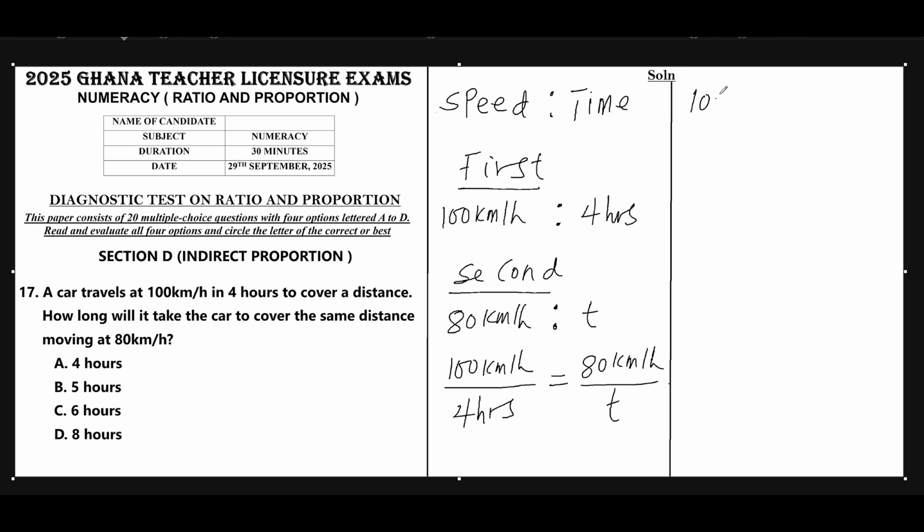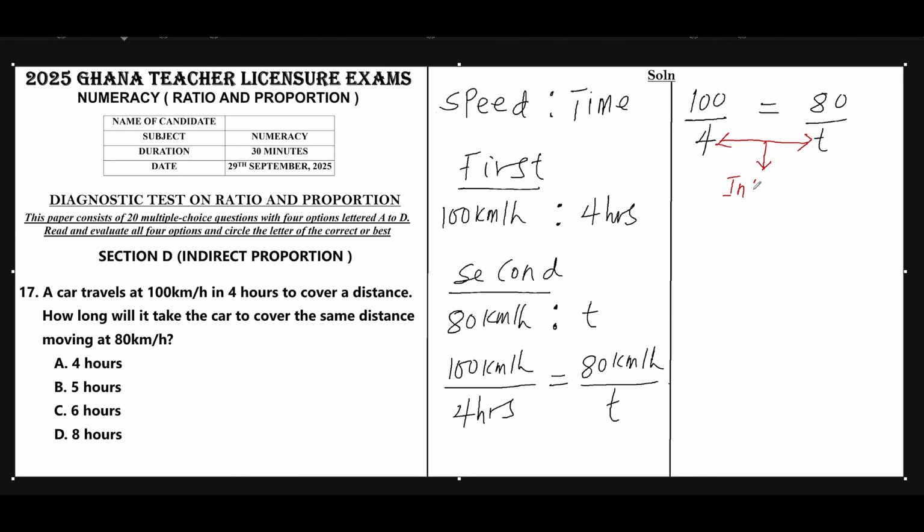So let me repeat this: 100 out of 4, and then 80 out of t. We also said that it is a matter of choice. You can decide to interchange the speed, or you can choose to interchange the time. I prefer interchanging the time. So consider when these two were expressed as a common fraction, the time became the denominator.